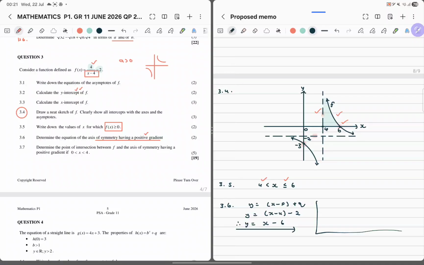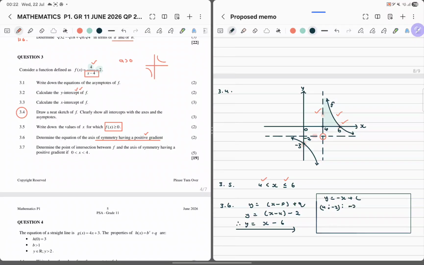Alternatively, another student may want to use the center of this graph. Write y is equal to x plus c. The center is the point of intersection of the asymptotes right there. So we know that through that point, which is going to be 4 is to minus 2, what do we get?